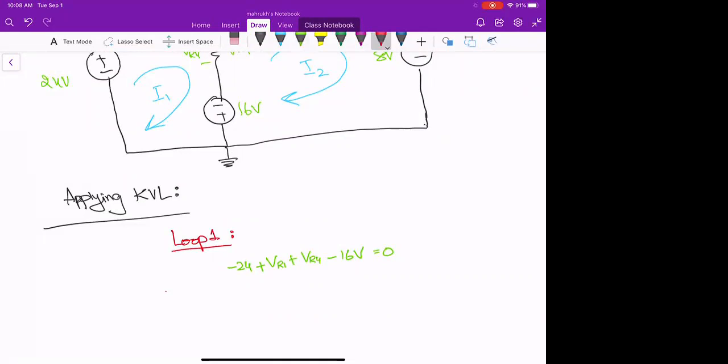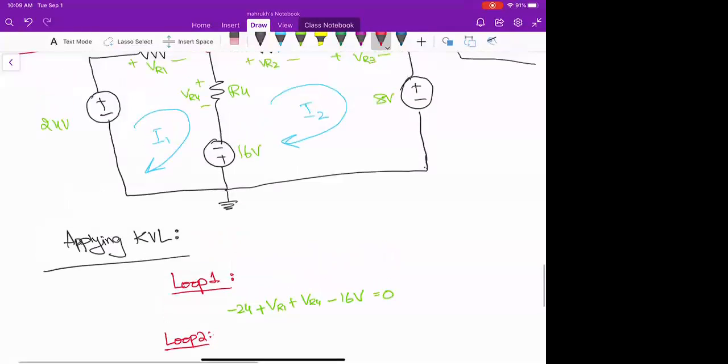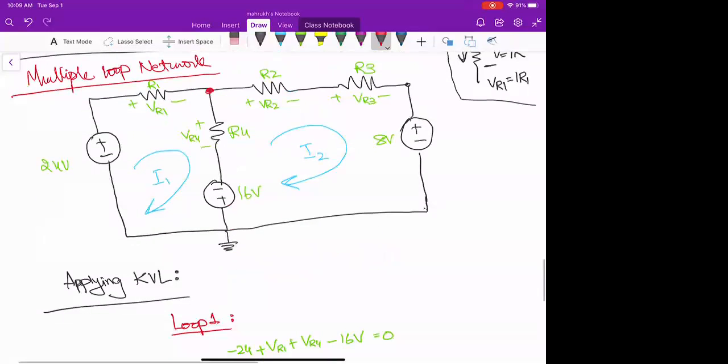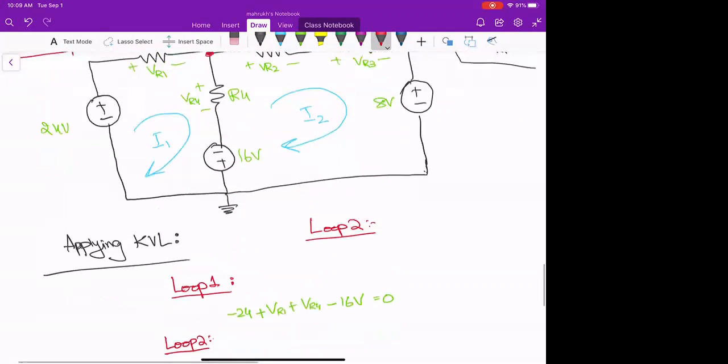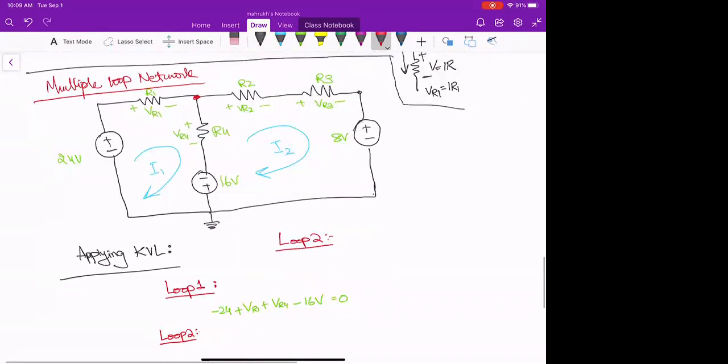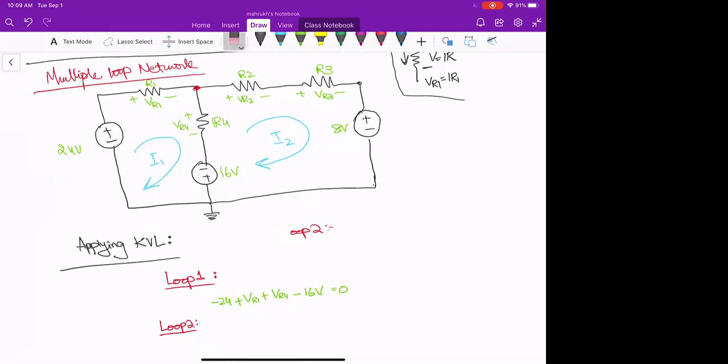Now I will write the equation for loop 2. What should be the equation? Where should I start from and what should I write?